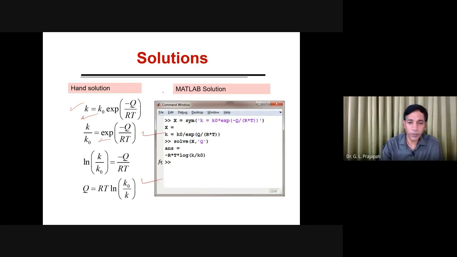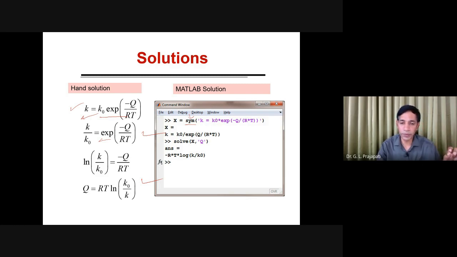What do you need to do? First you need to define the symbolic expression. This is the symbolic expression. So x is equal to sym, with the help of sym, k0 x. Here, once you are going to use the function sym, you don't require declaring k, q, rt as symbolic variables in advance.